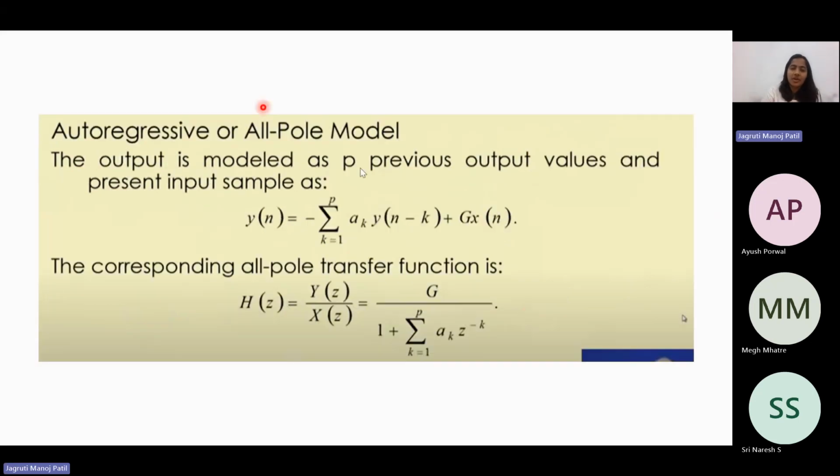So this is the autoregressive or all pole model. You do not have any zeros in here. It is modeled as P previous output values and the present input sample. So the output y of n is defined with respect to the present input signal, G of n, where G is the gain of the system.